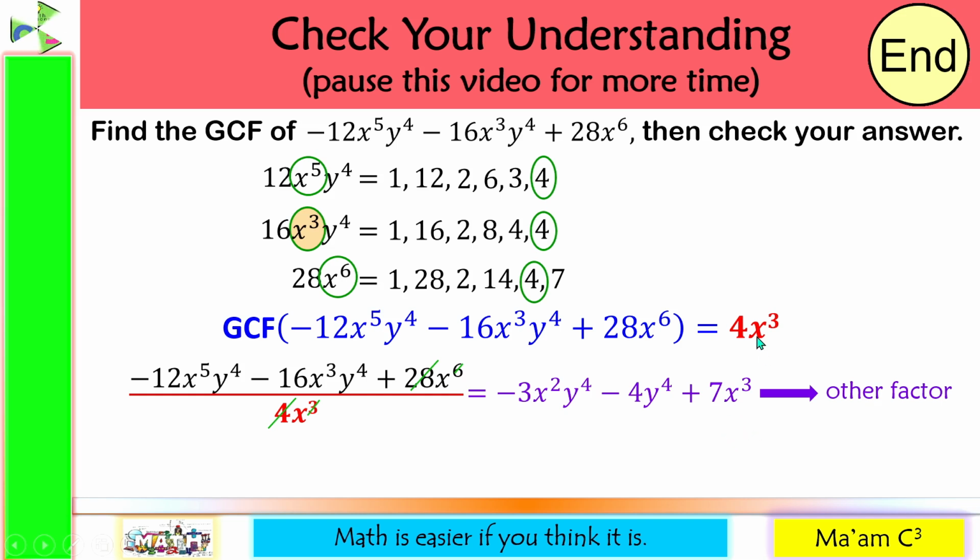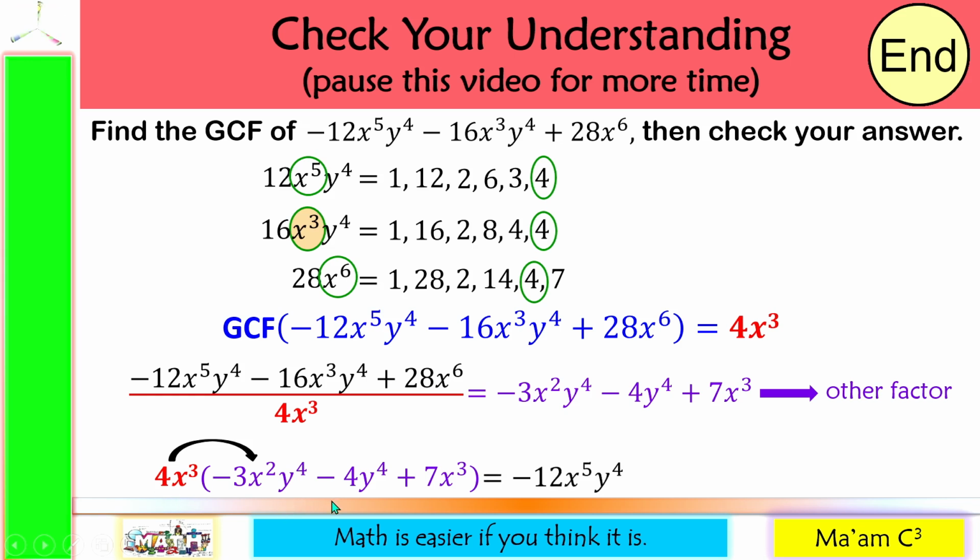To check if our GCF is correct, I'm going to multiply our GCF with the remaining factor. 4x cubed times negative 3x squared y to the fourth will give us negative 12x to the fifth y to the fourth. 4x cubed times negative 4y to the fourth will give us negative 16x cubed y to the fourth.